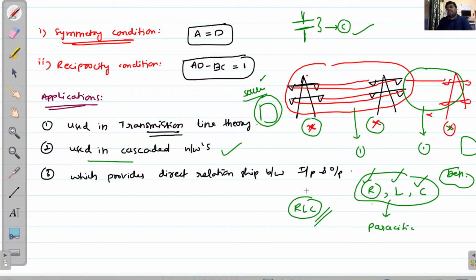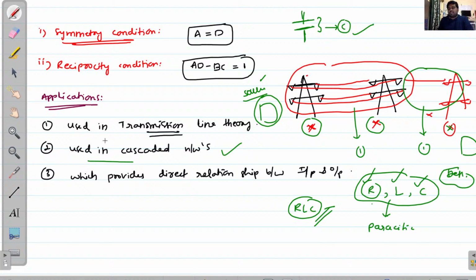There is an RLC network from this pole to this pole, and again we have so many poles, and from one pole to another pole we have to cascade these conducting wires. That means we have so many RLC circuits, all cascaded, to transmit this energy from source to destination. In order to evaluate such cascaded networks, we use these transmission parameters.